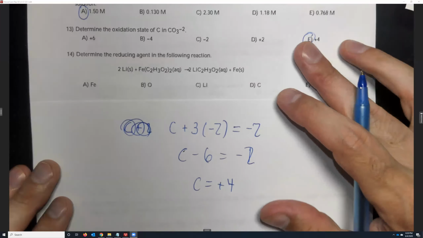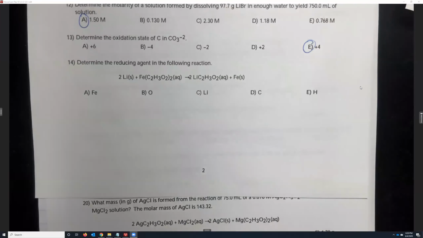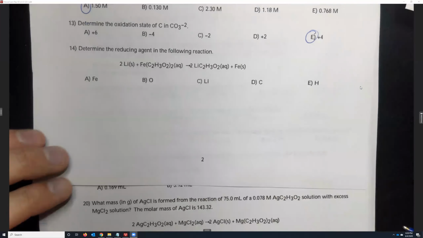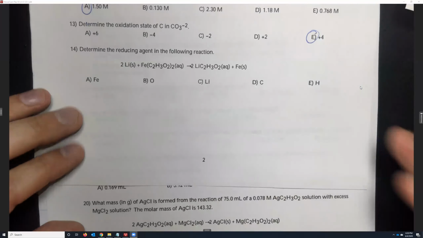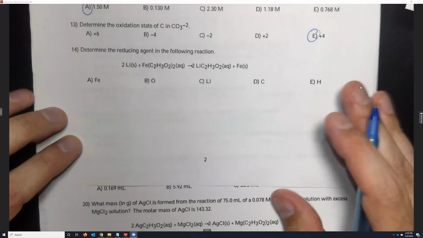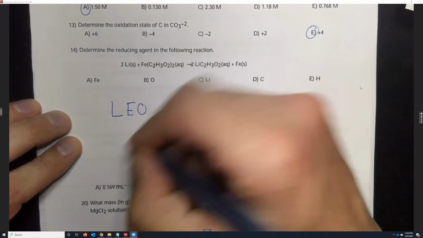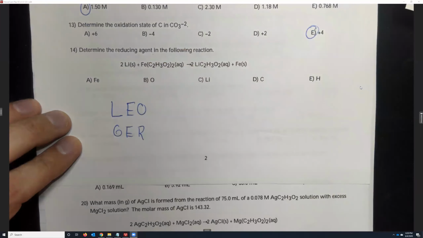All right. It says, determine the reducing agent in the following reaction. So the reducing agent is the atom or ion that is actually oxidized. So we need to remember our mnemonic device. And our mnemonic device is Leo the lion says Ger.